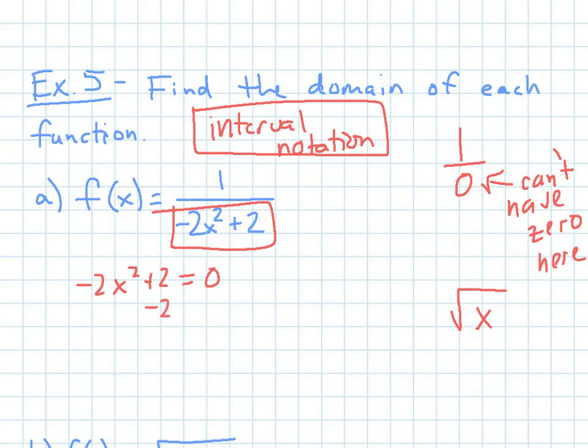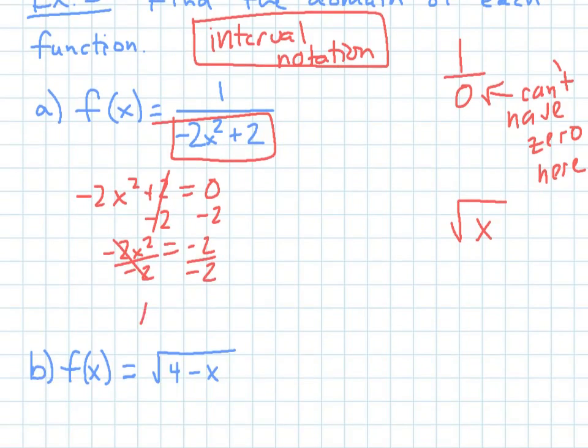So if I subtract 2 from both sides, and divide by negative 2, okay, then here, because I'm square rooting, remember that it's plus or minus, because you get both, so plus or minus 1 is possible, okay?